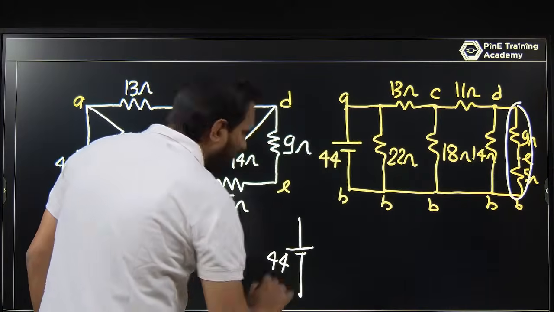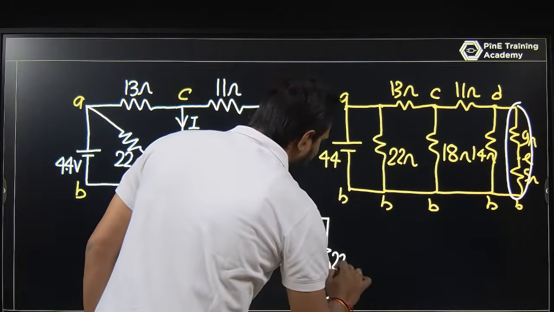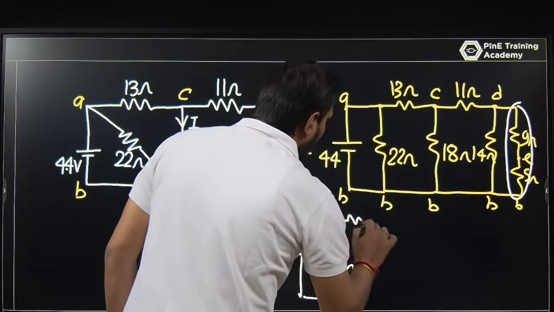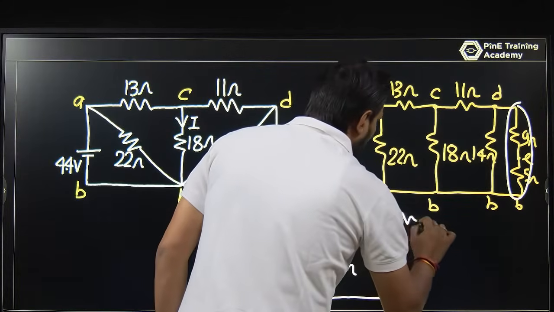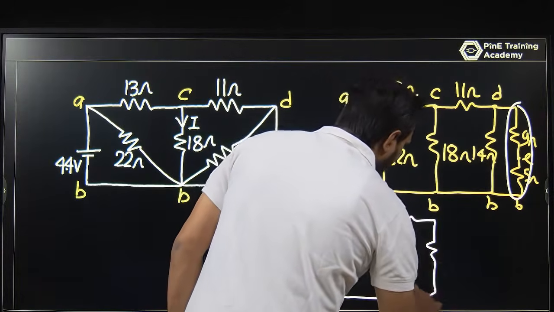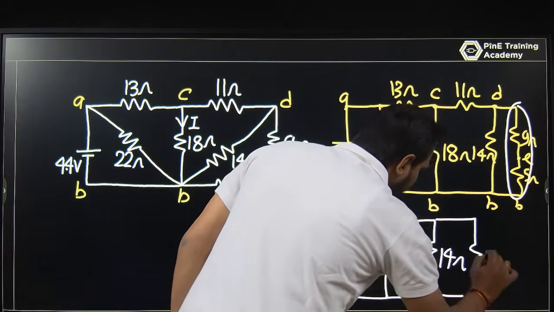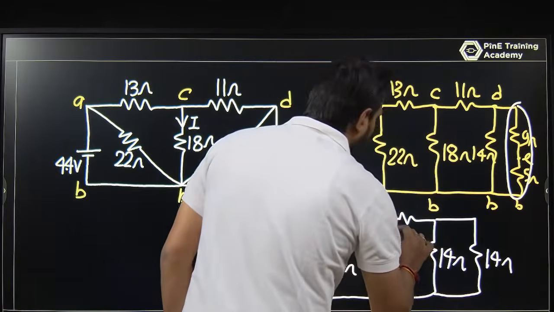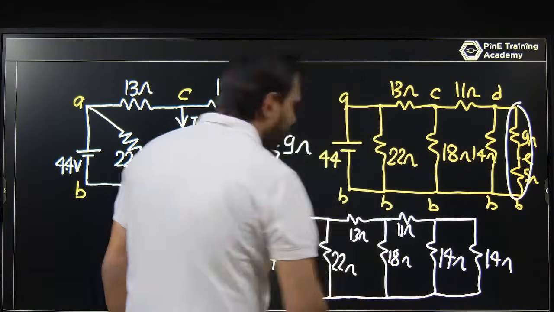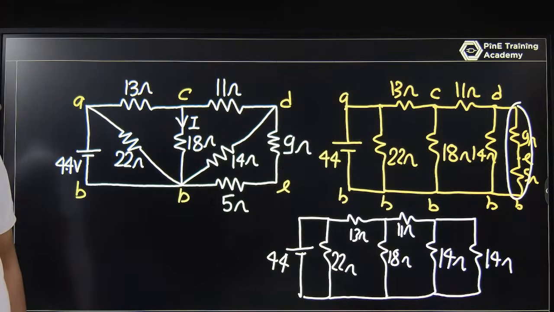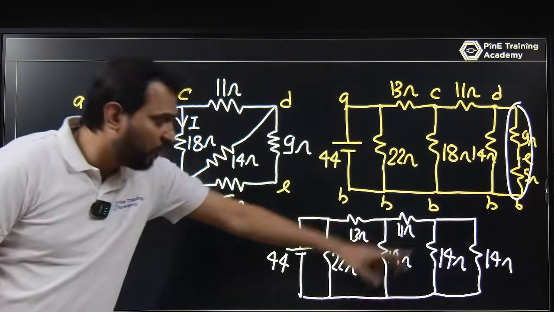So this is 44 volt, this is 22 ohm resistance, this is 11 ohm, and this is 14 ohm and this is 14 ohm. Just check it, is everything correct or not? 44, 22, 13, 18, 11, and 14 and 14 are in parallel.